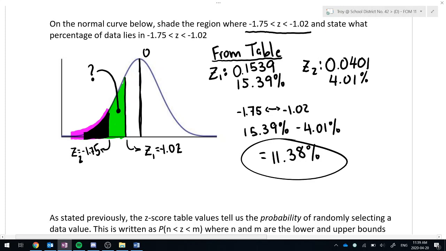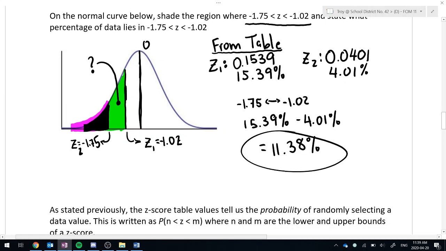Okay, so just to be clear, we took all this data, subtracted from it this data, so all we have left is just this data. Okay? All right.